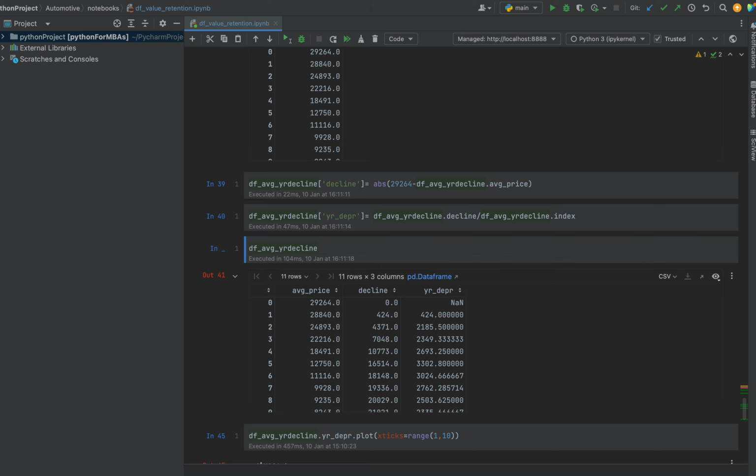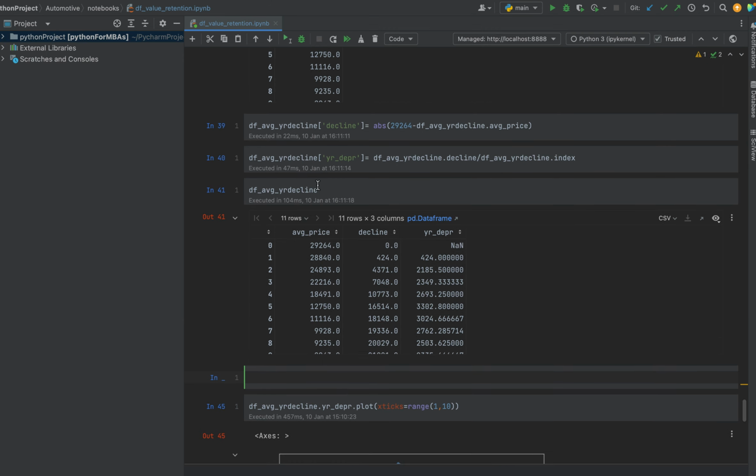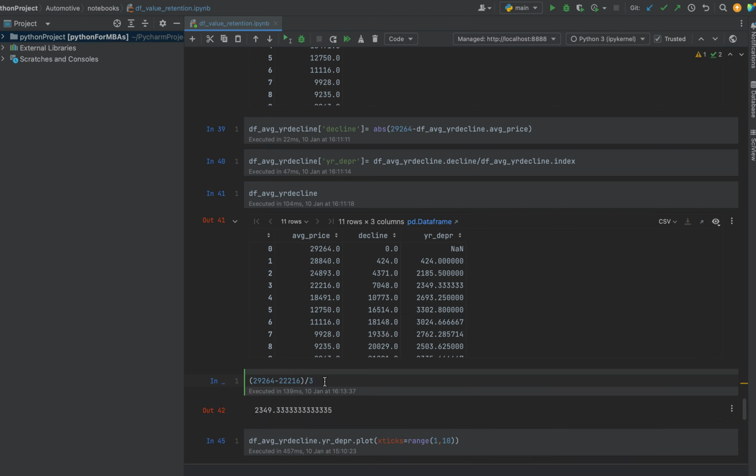If we just do that really quick: 29264 minus the salvage value 12316, all divided by 3. All right, so this number right here represents how much it depreciates per year.